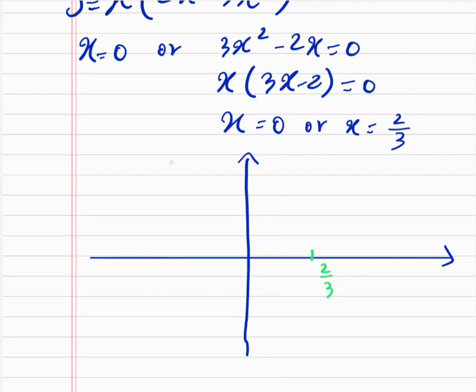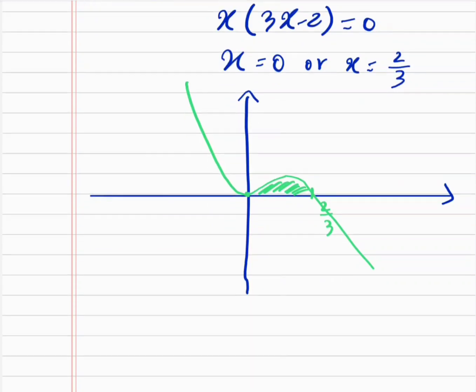So if it's negative, it's going to start from here, and then when it intersects the origin, it goes like this because it's a repeated root, and then passes through 2 over 3, and then it gets negative. And so essentially the area that we want to find is this region, because that's the area between the curve and the x-axis.